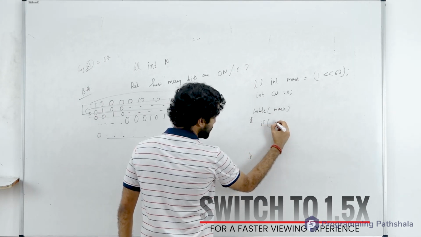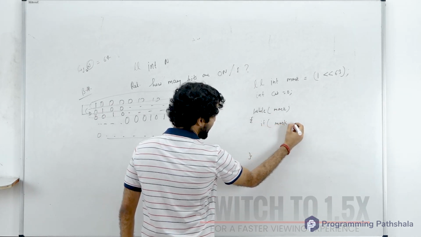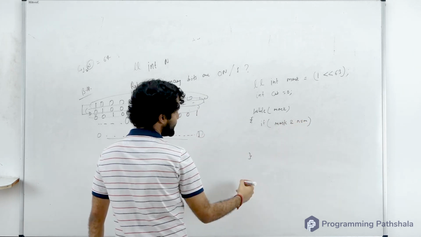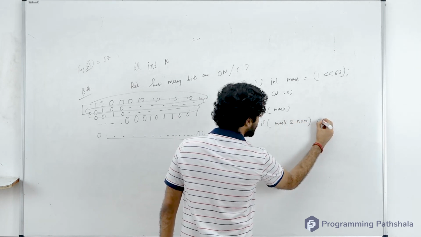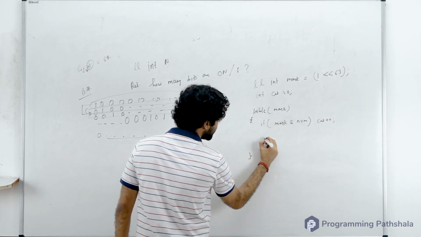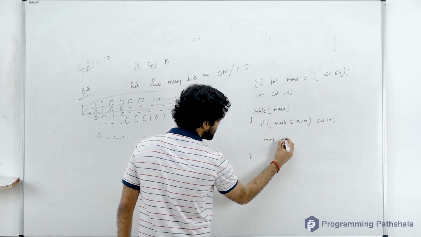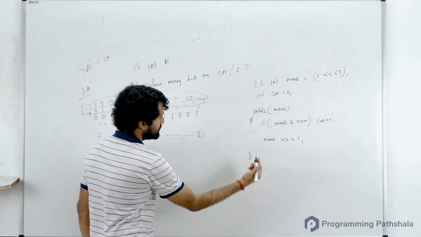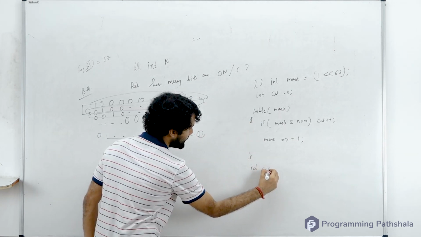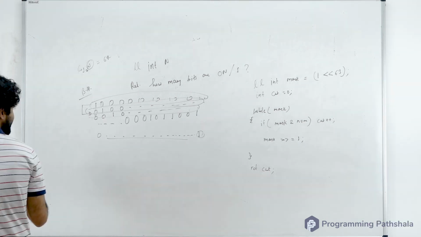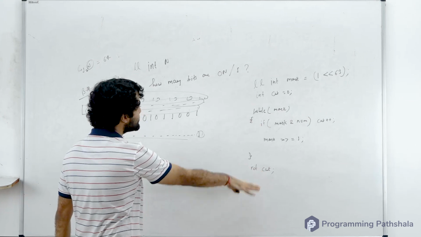So if mask AND num is non-zero, you will do count plus plus, and after doing this you will right shift your mask by 1 unit, right? And whatever is the count, that will be finally returned. So every code you write today, you have to use these operators only and nothing else, right? Yeah, so what is the time complexity of this?